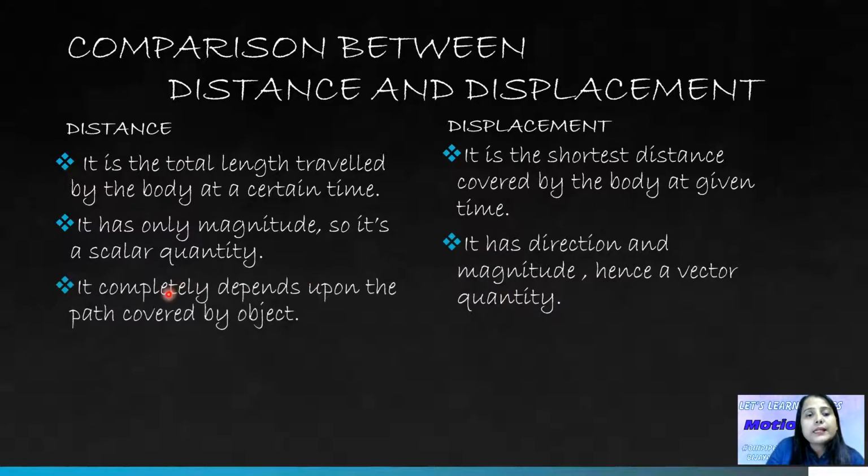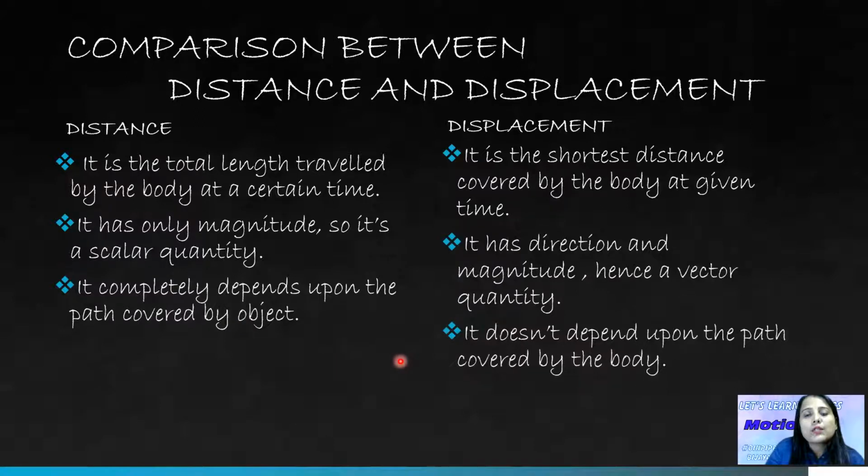Distance completely depends upon the path of the object, or you can say the path covered by the object, whereas displacement does not depend upon the path covered by the body. Displacement does not depend upon the path, whereas distance completely depends upon the path traversed or covered.